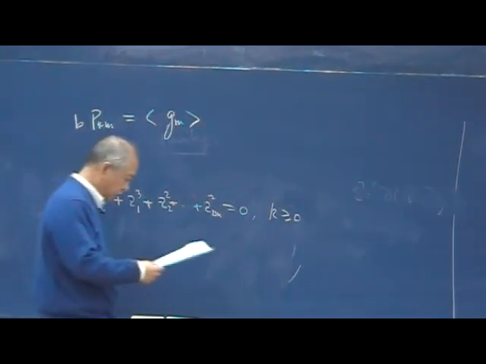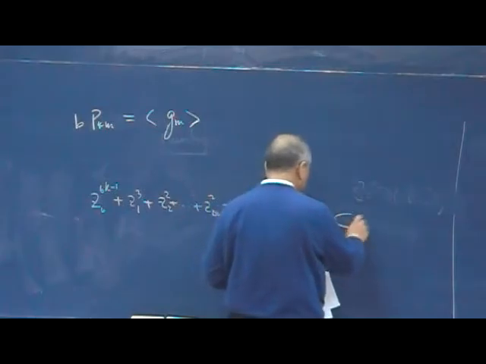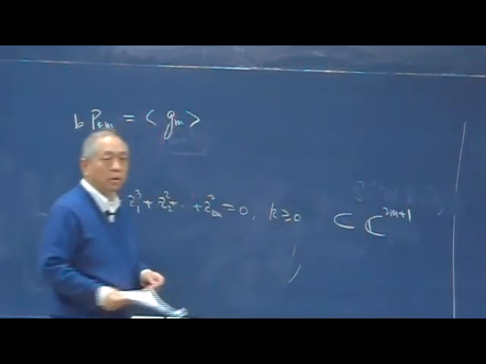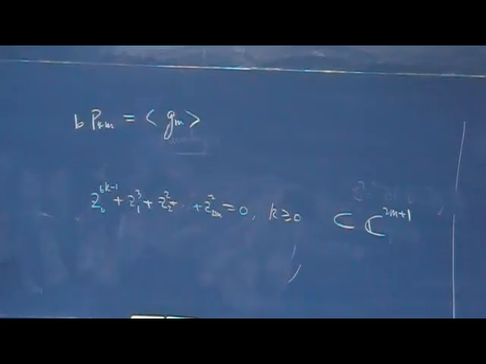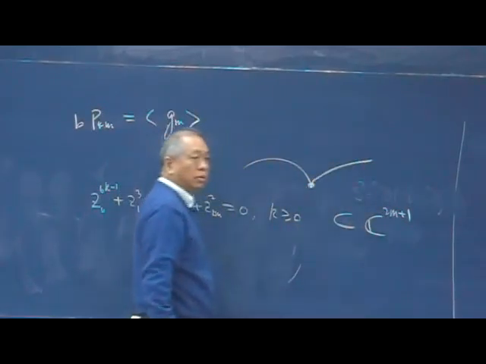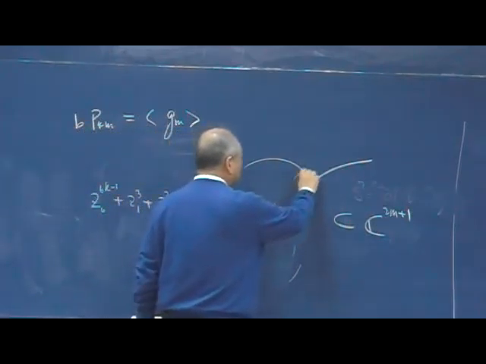So this is a complex hypersurface sitting in C^{2m+1}. Okay. So this is a nice hypersurface. There's a singularity at the origin. So, at the origin, you can take a sphere around it, that's called the link.